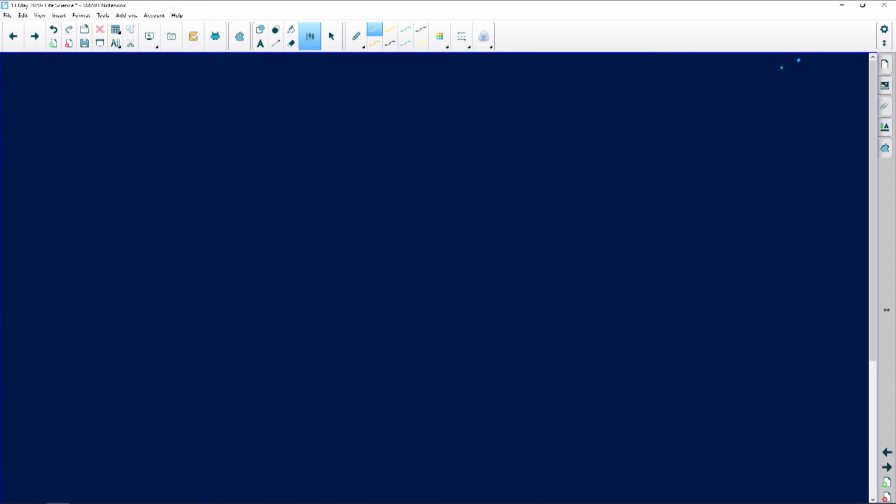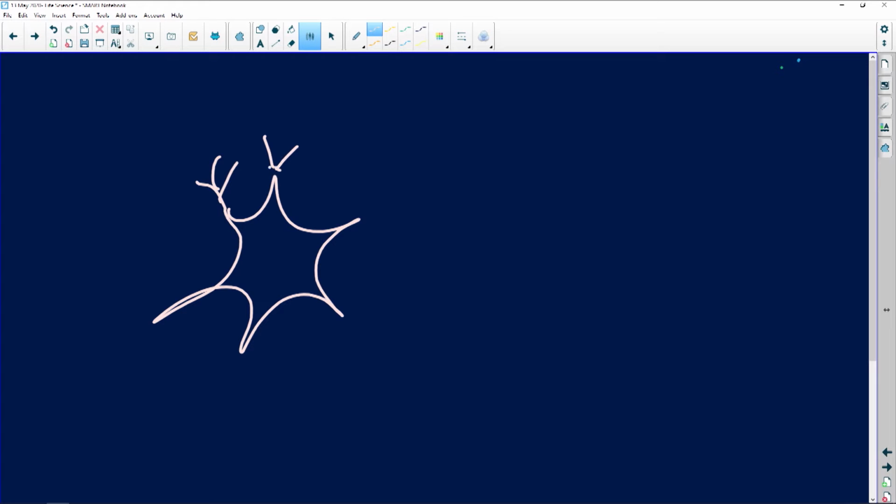Right, so here we go. Now I have to draw this. You must be able to draw these as well. All right, so we're going to go with our multipolar neuron. I actually think I need to get myself an art teacher.